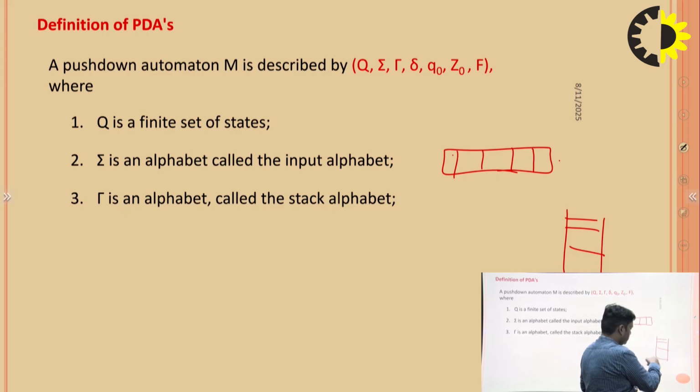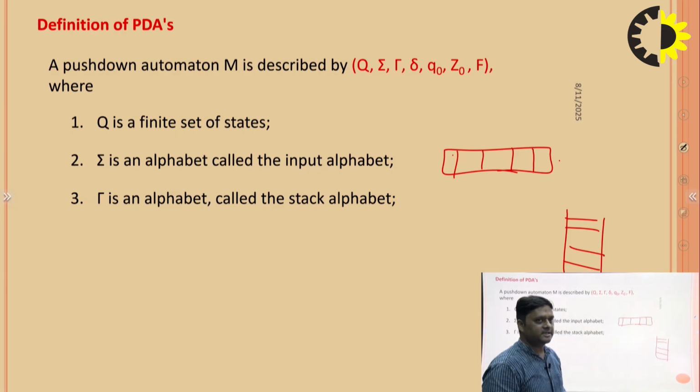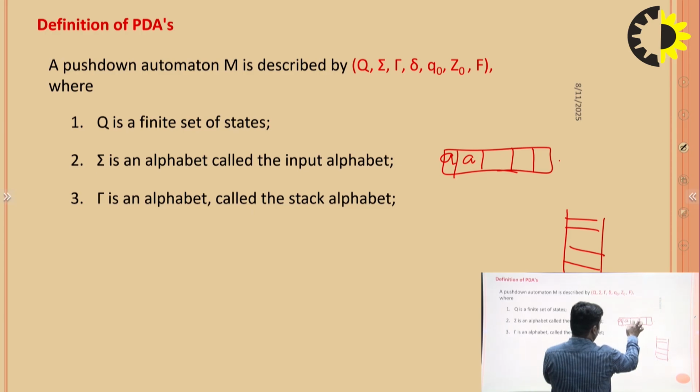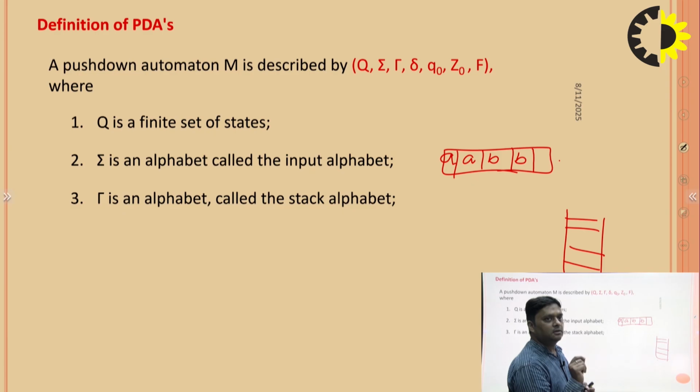When we put any symbol in the stack, then it is known as tau, means stack alphabet. For example, if AABB is a string, if we put this A in the stack, then A becomes the stack alphabet.